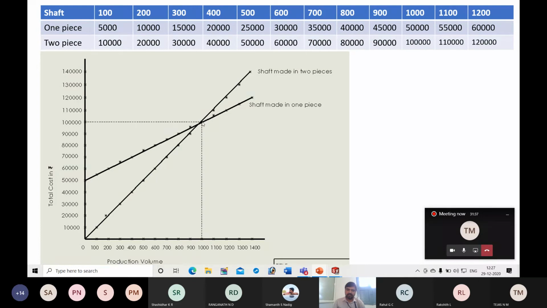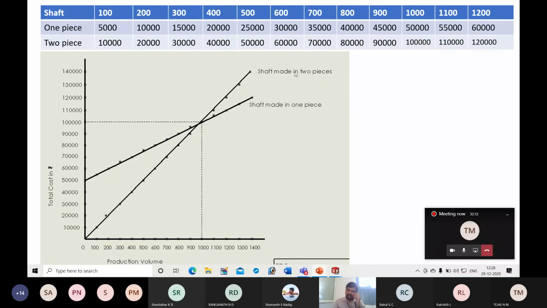Suppose the production volume is greater than 1000. Then you can see the total cost of the shaft made in one piece is less. That means if the production volume is greater than 1000, the company should prefer the shaft made in one piece. Suppose the production volume is less than 1000, then the company should prefer to make shafts by assembling two pieces.